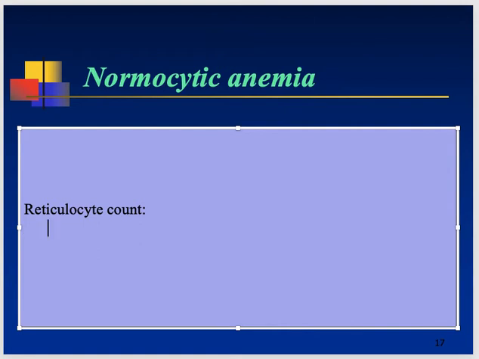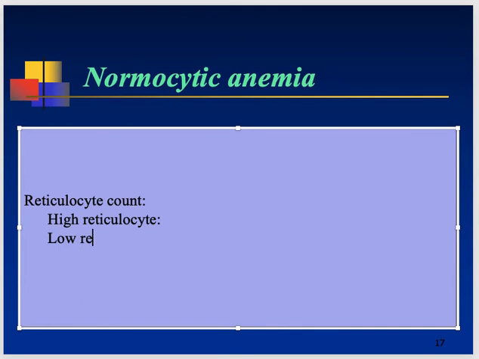We see whether the body is making more RBCs or not. So there could be two conditions. Either there will be reticulocytosis, or simply a high reticulocyte count, which means that the body is making more and more RBCs, and the other condition could be that the reticulocyte count would be low, which means not enough RBCs are made.